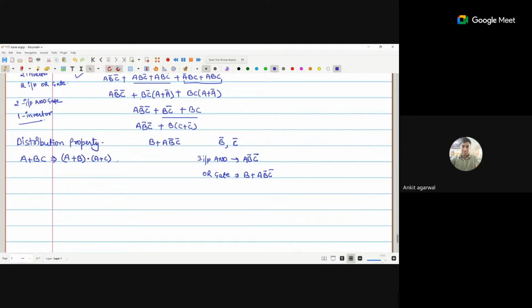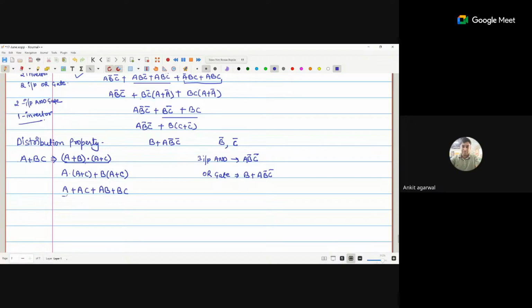Okay, now if we want to check that this is correct, what should I do? A multiplied with A plus C, plus B multiplied with A plus C. Multiplying, A plus AC plus AB plus BC.